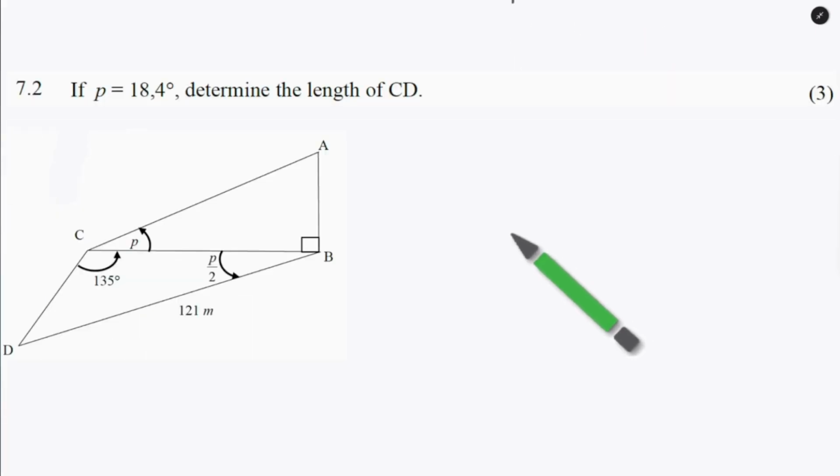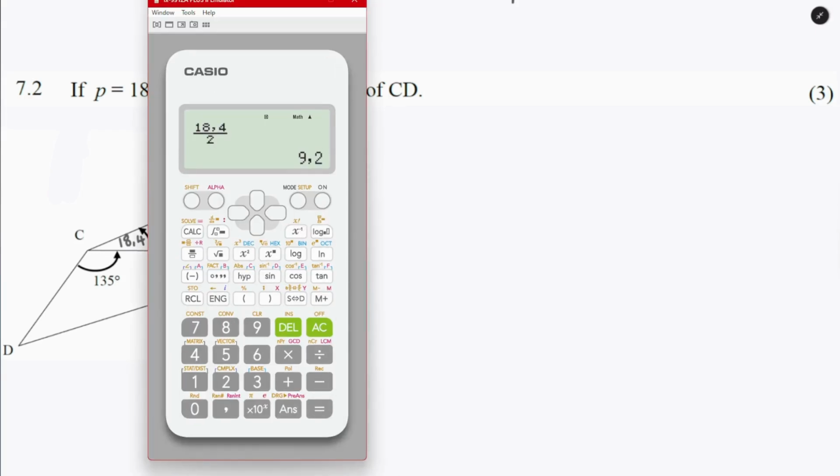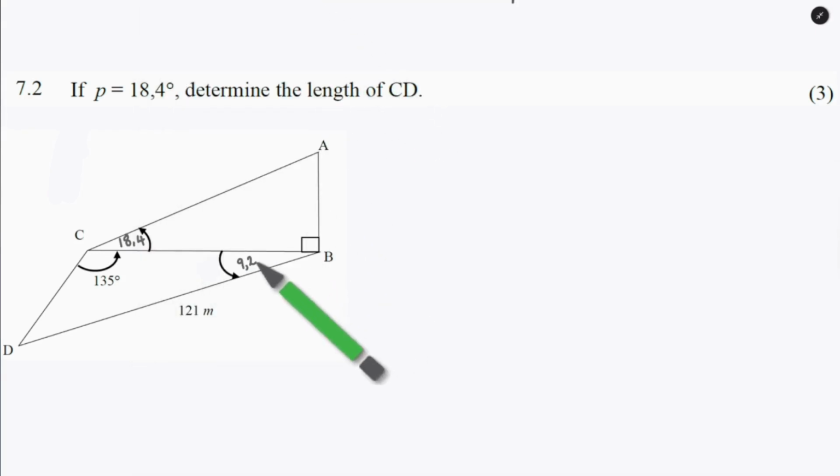Alright, so I need to determine the length of CD. CD is over here. They gave us P, so let's fill P in there and there. I'm going to get 18.4 over here. P divided by 2, if I take that P value divided by 2, I get 9.2. So this angle over here is 9.2 degrees.